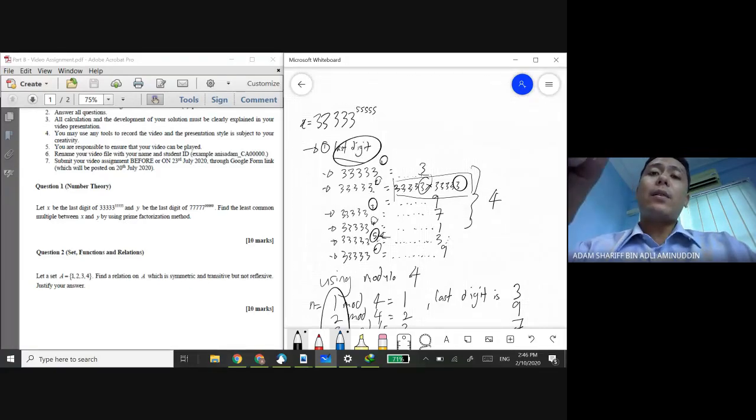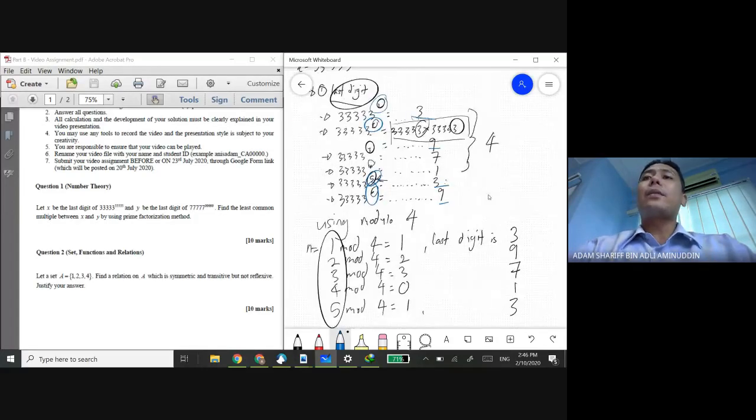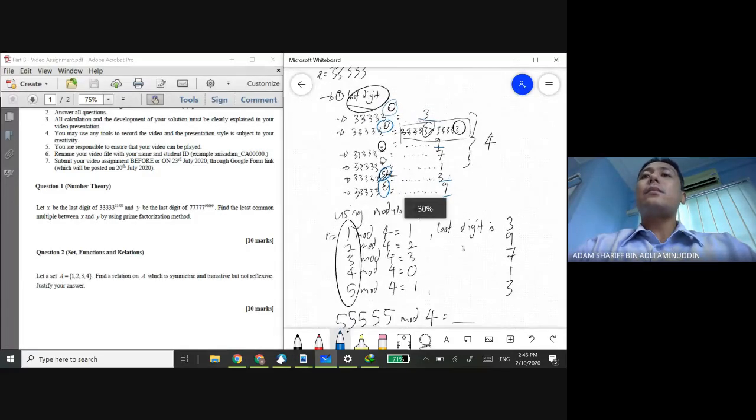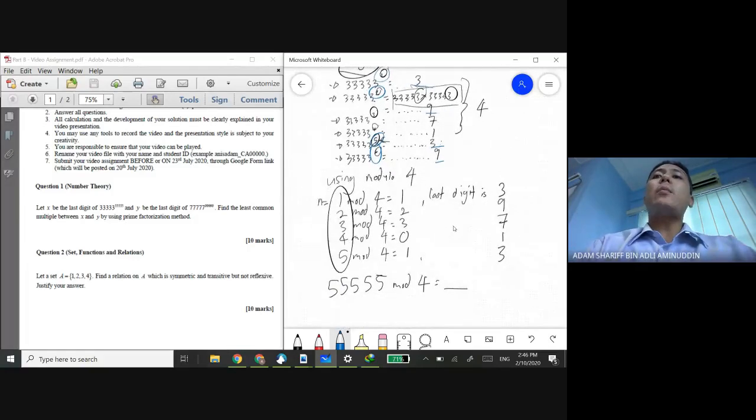So if you realize here, the power of 1 and the power of 5 will have the same last digit. The power of 2 and the power of 6 will have the same last digit, and this cycle repeats every 4. That's why we need to use the concept of modulo arithmetic, modulo 4, because it repeats at the 4th cycle.